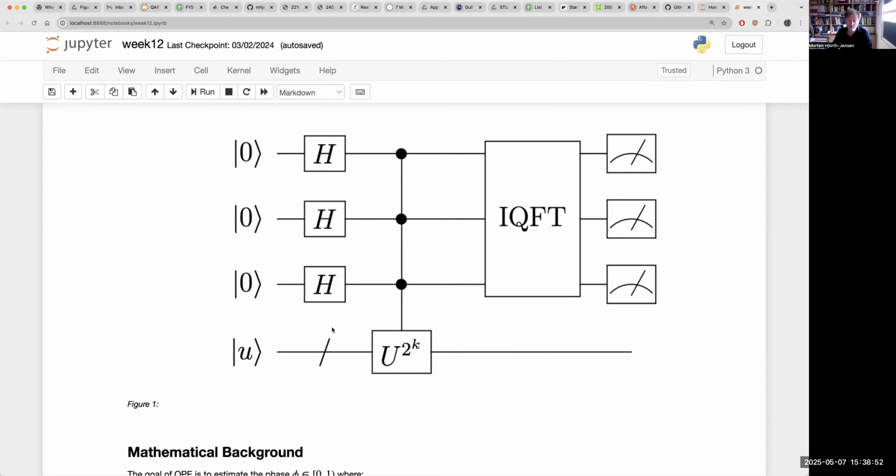So the t bits which we have represent the precision we want for phi.